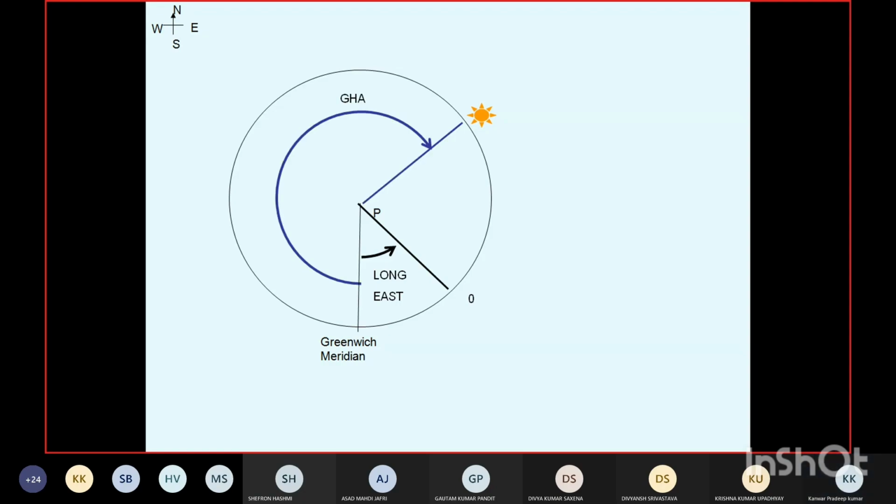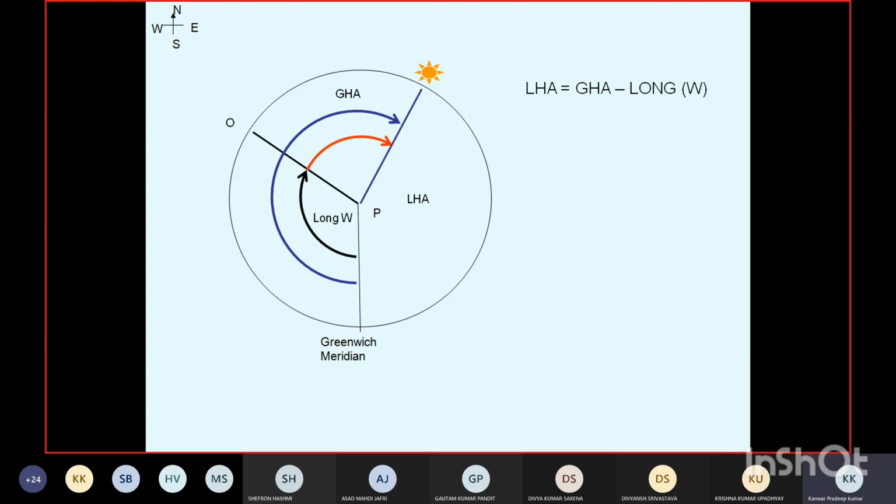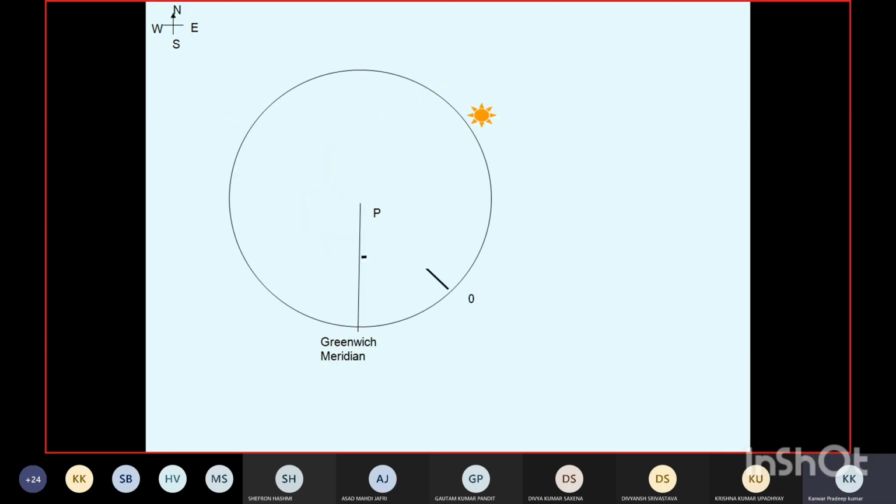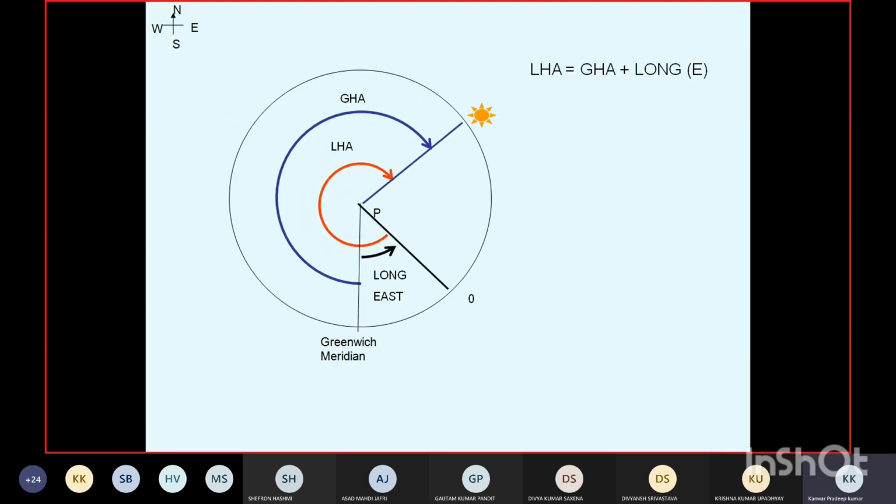GHA star, longitude east, LHA star. So now LHA is equal to GHA plus east longitude. In the earlier case, what was it? LHA is equal to GHA minus west long. So now we have LHA is GHA plus east long.